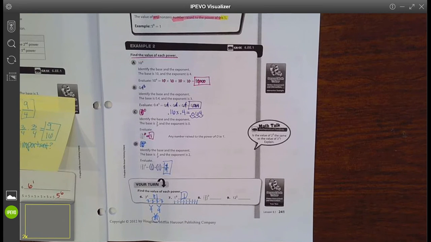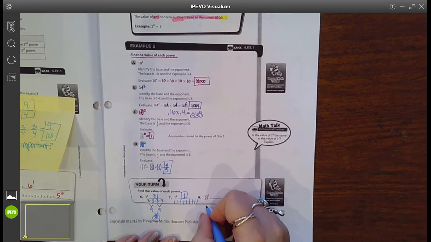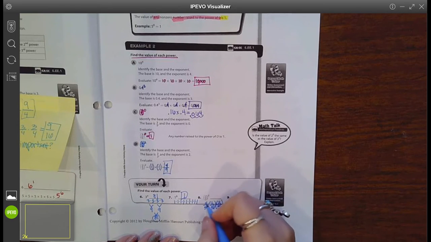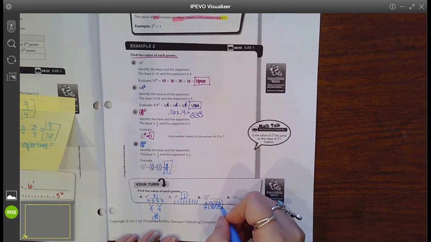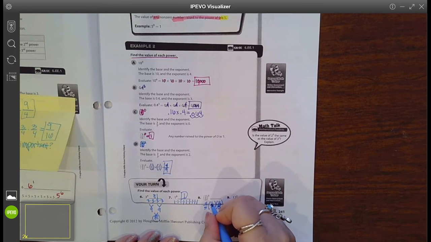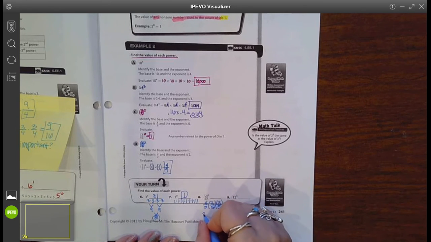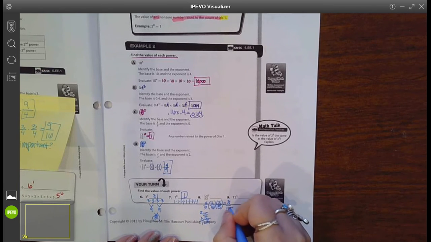Okay, for this one, you have 2/5 times 2/5 times 2/5. You have 2/5 times itself 1, 2, 3 times. Well, 2 times 2 is 4. 4 times 2 is 8. 5 times 5 is 25, and 25 times 5 is 125.